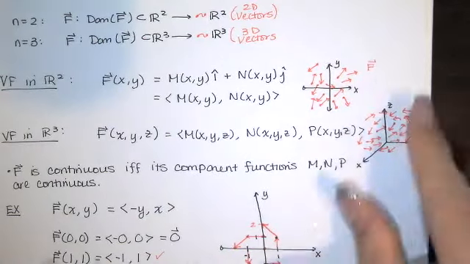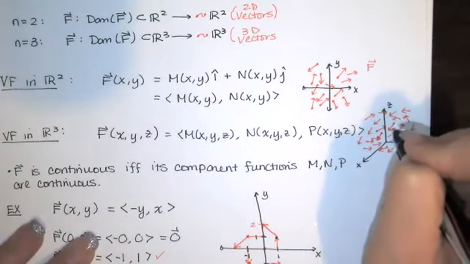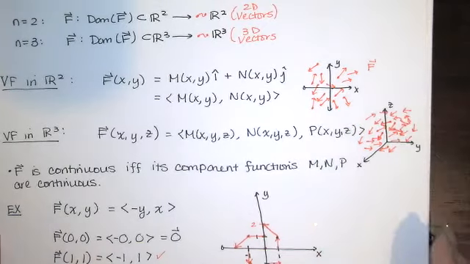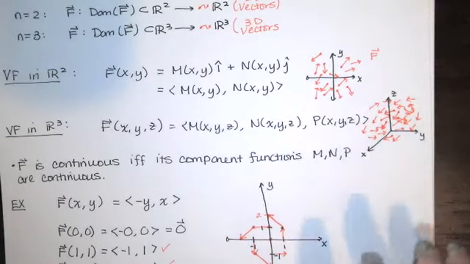Okay, so you get a bunch of vectors, and they're all over three-dimensional space, and you'd probably see some overlap. It's sort of a mess to look at, but you get the idea. Every point in the domain, which is a subset of three-dimensional space, is associated with a three-dimensional vector.